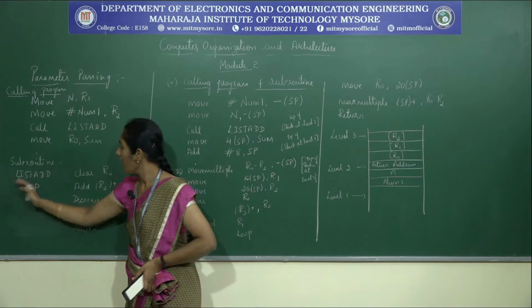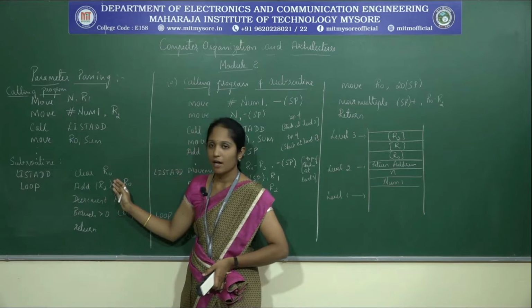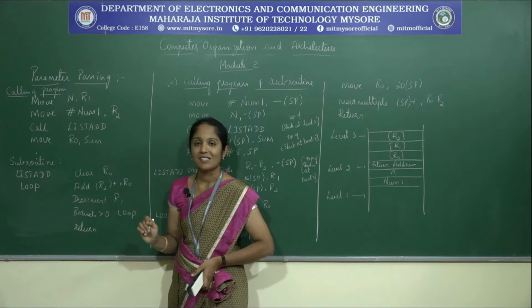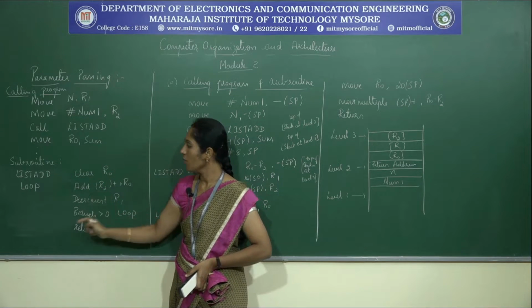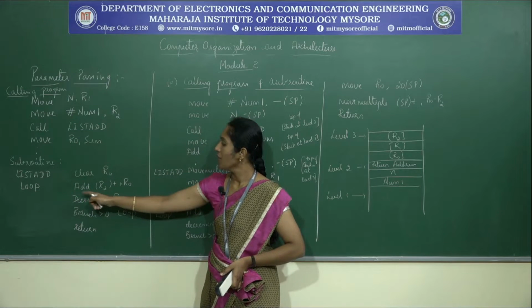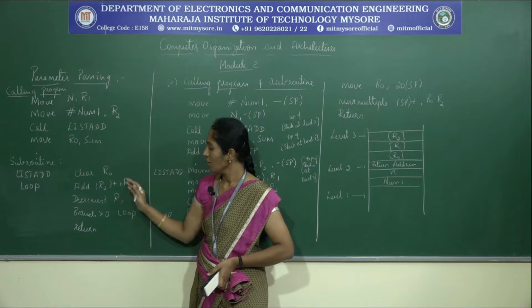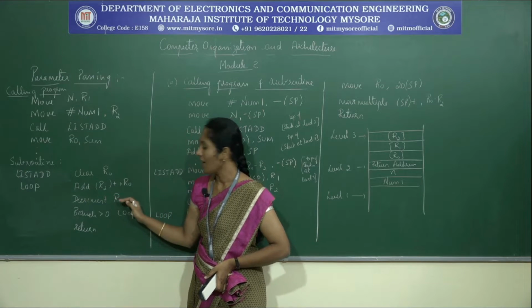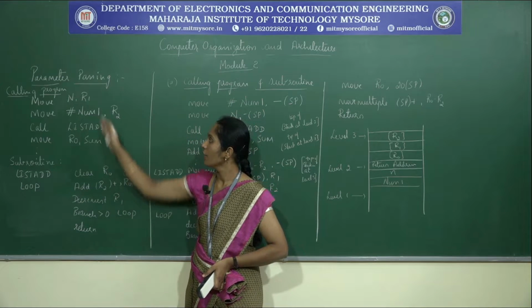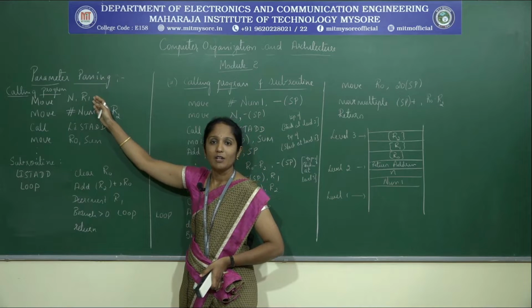In the subroutine we have LISTADD, and the first instruction is Clear R0, so R0 will be cleared to 0. Next we have Loop, wherein we have the Add instruction, and as we have discussed, here the decrement of R1 will happen. R1 is nothing but the total number of values to be added.